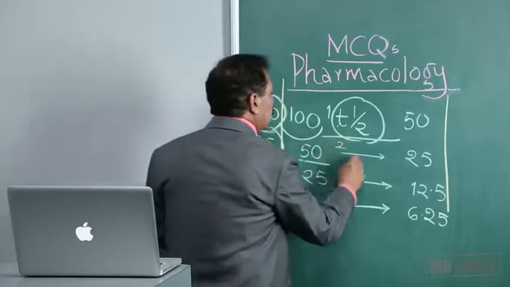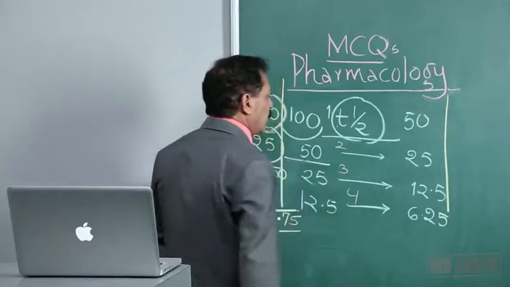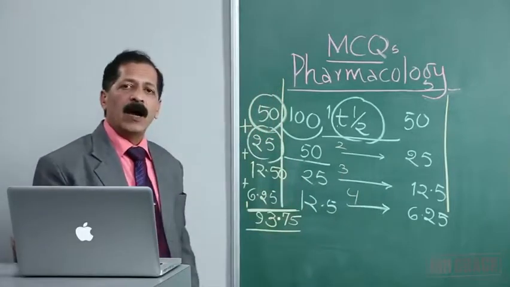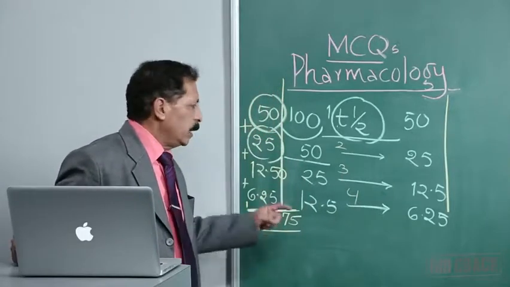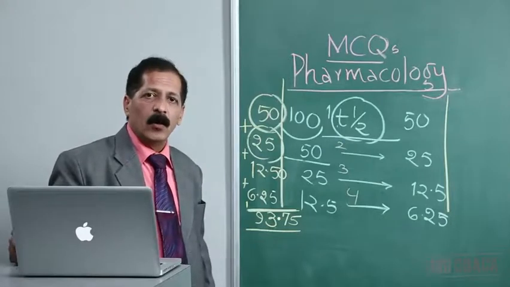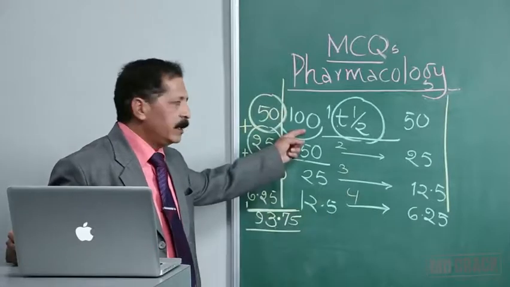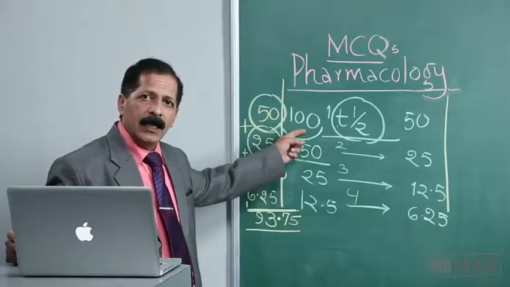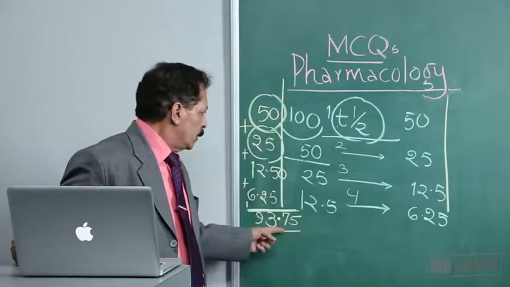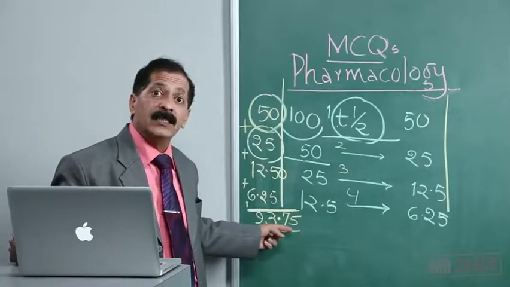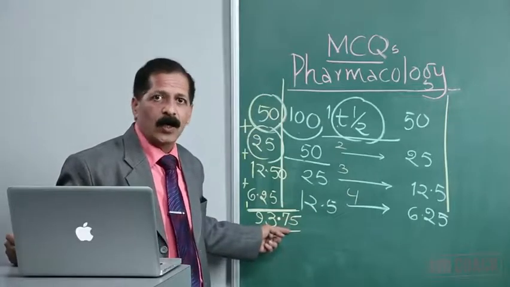First half time, second half time, third half time, fourth half time. At the end of 4 half times, 93.75 has gone out. What was the original? 100. So you can easily say at the end of 4 half times, 93.75% of the drug has gone out.